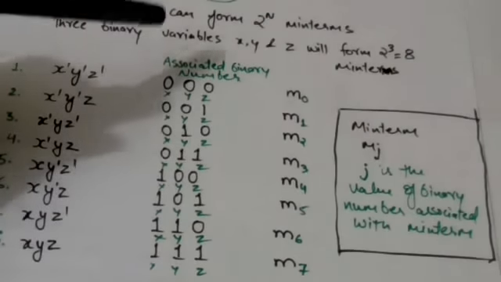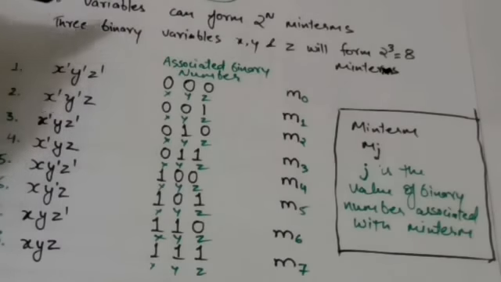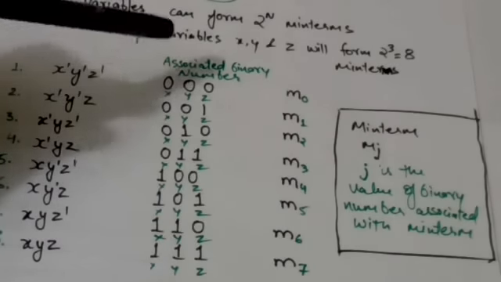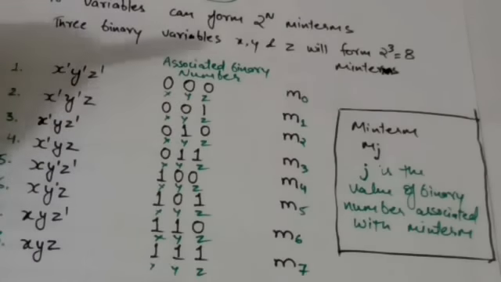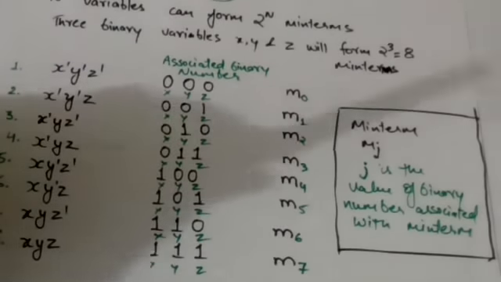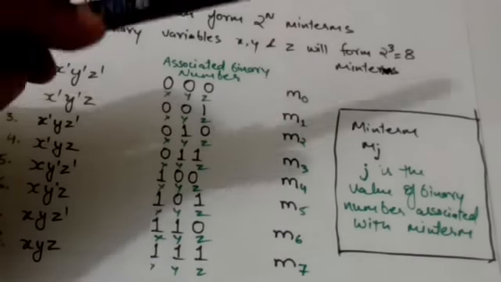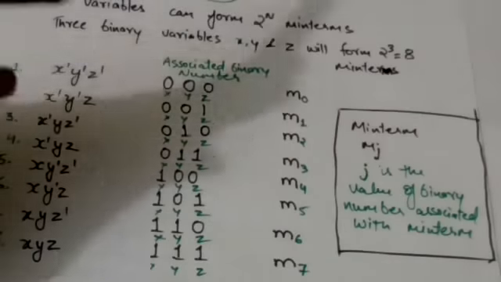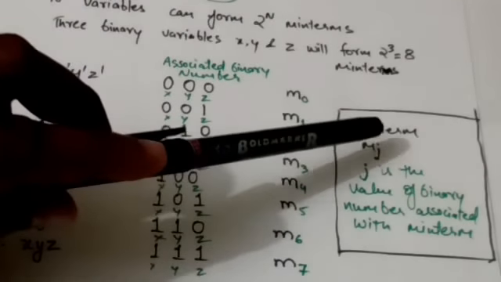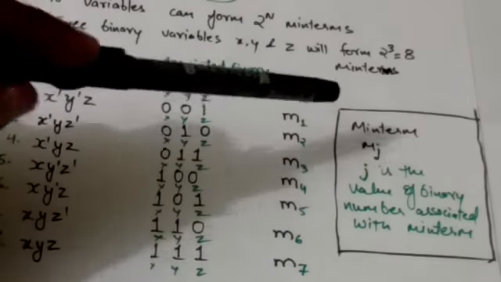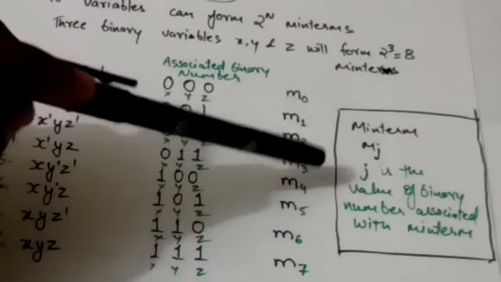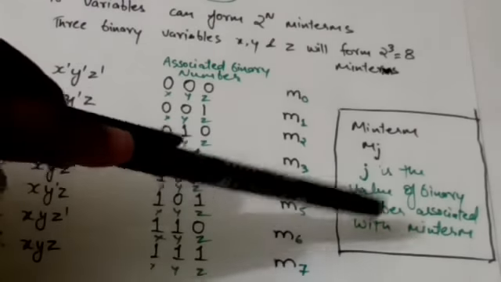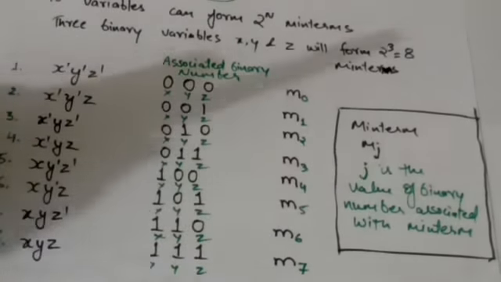Now see, the binary number associated with the minterm has some decimal value, right? So we can represent a minterm by small m and subscript j, where subscript j is the value of the binary number associated with that minterm.